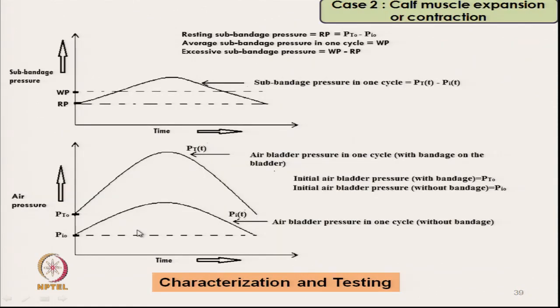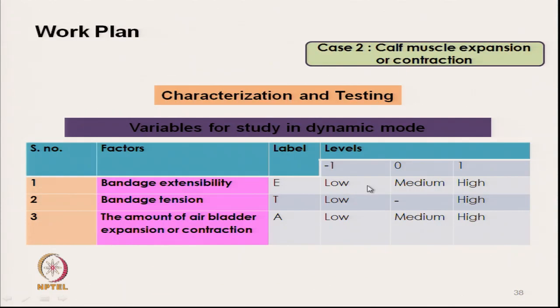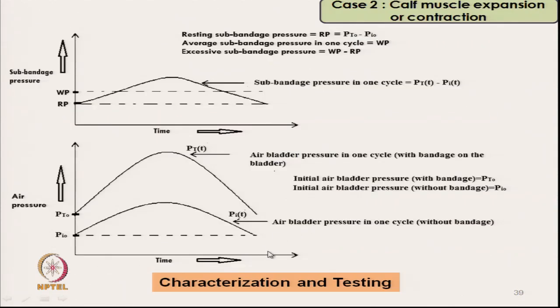This result shows that the cycle time is 30 seconds. This is the air bladder pressure, 1 cycle without bandage. As we increase the pressure, it is simulating the calf muscle expansion, the air pressure is increased and then decreased.